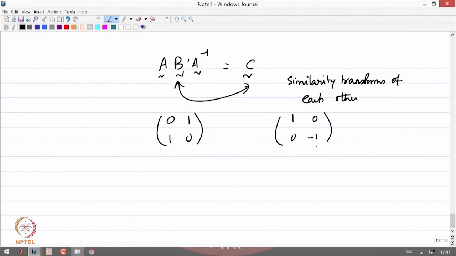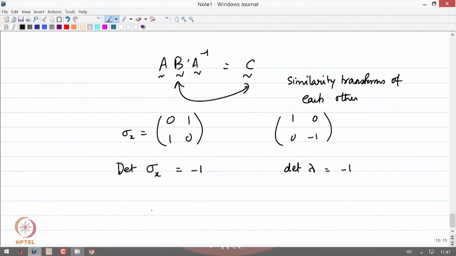Two things are immediately obvious. The determinant of sigma x, this is sigma x if you recall, is minus 1. The determinant of lambda is minus 1.